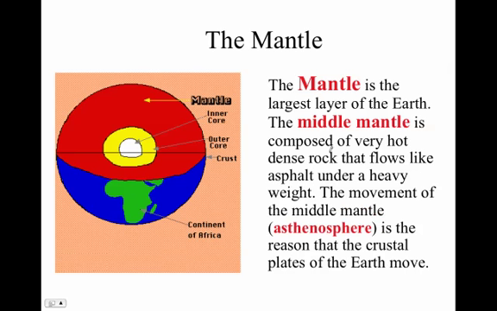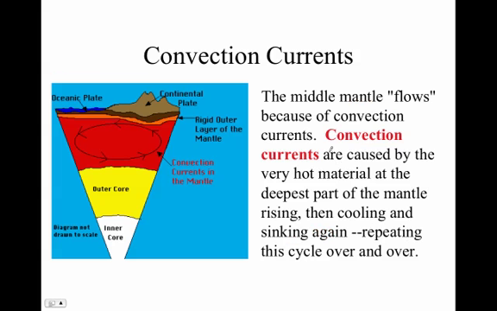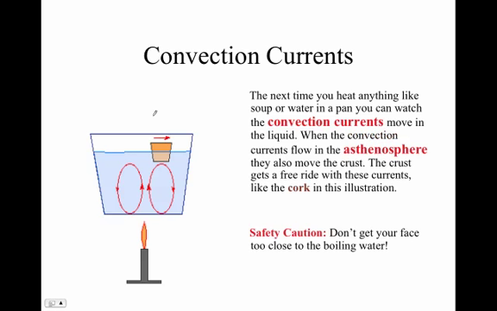Here's the mantle then. It's the middle layer. The liquid part is called the asthenosphere, and it has convection currents occurring in it, which help to move the crustal plates around. So that's how we get all this activity. If you remember from heat and temperature, convection currents happen due to unequal heating.